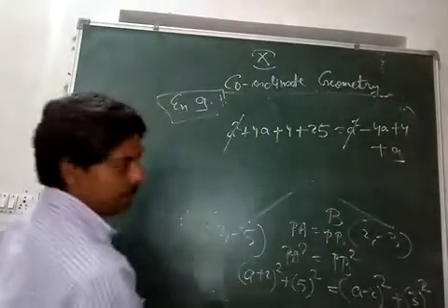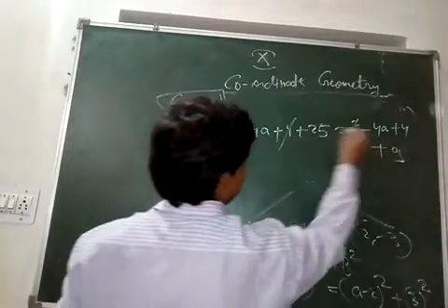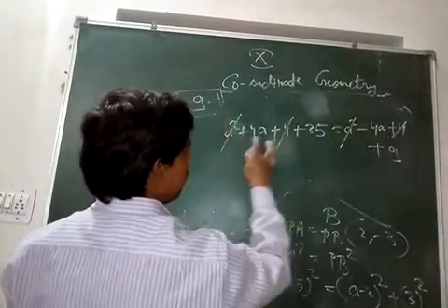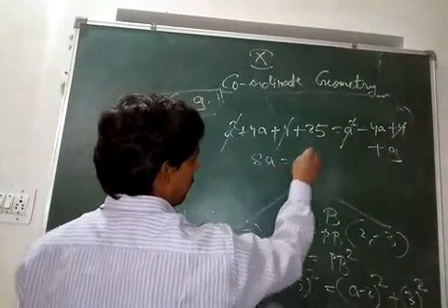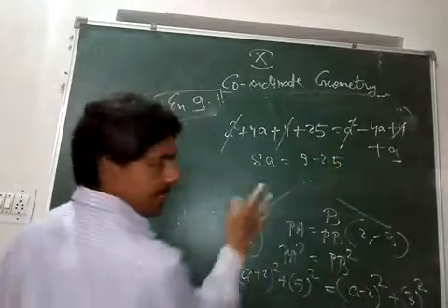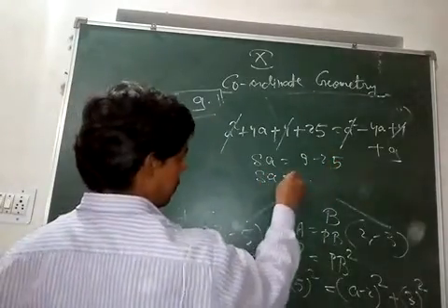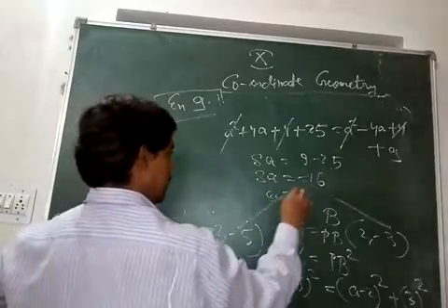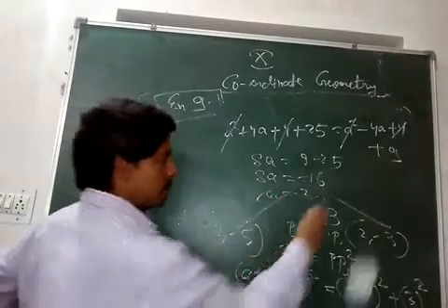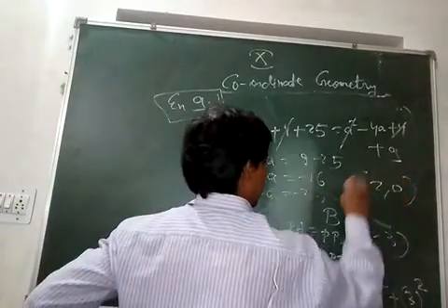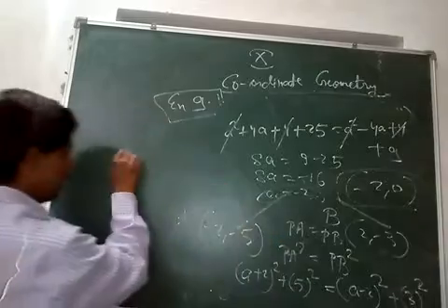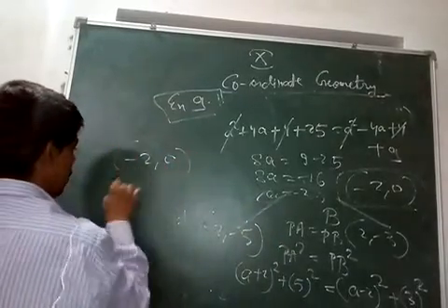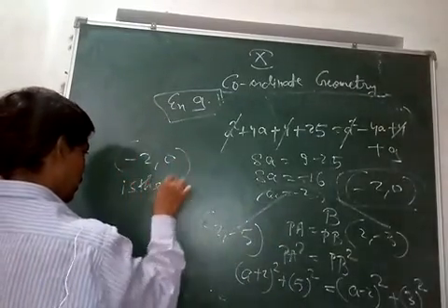Now it is not quadratic. 4 also gets cancelled. 4a comes here, 8a, and 9 minus 25, something like this. 8a is equal to minus 16, okay, and a is equal to minus 2. So the point is minus 2 comma 0, the required point on the x-axis. So you write like this: minus 2 comma 0 is the required point.